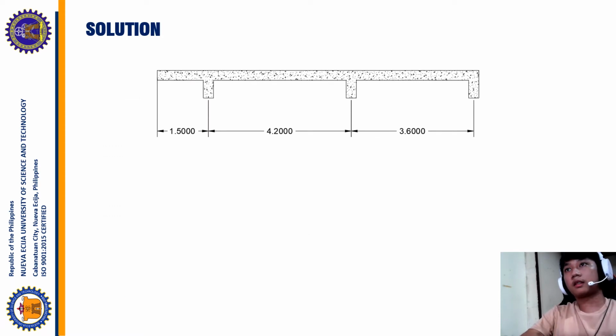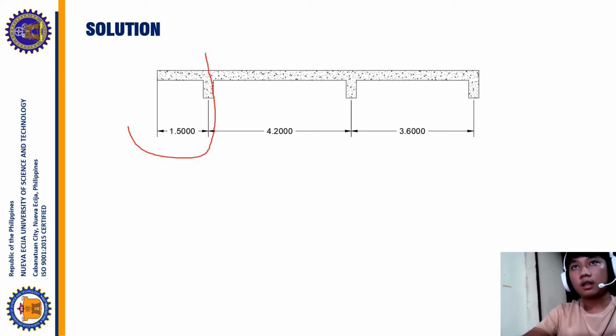So first, let's take a look at the structure. So we can see right here that the slab is on a cantilever.